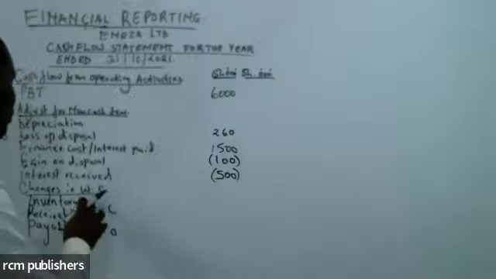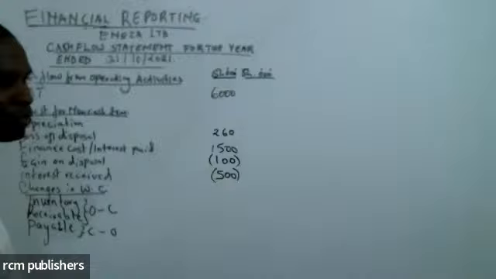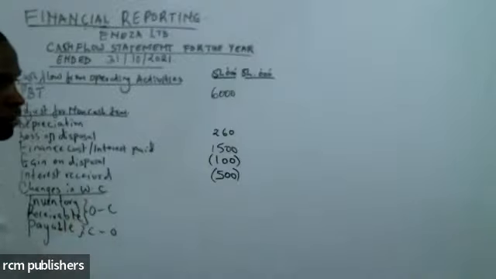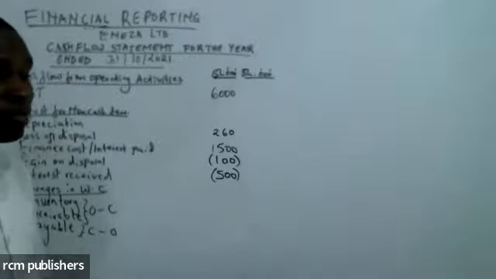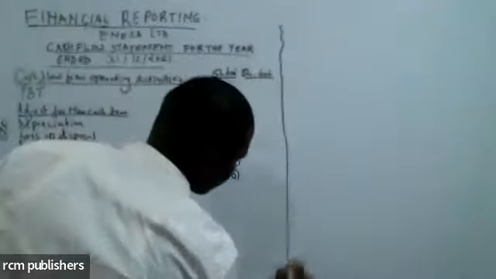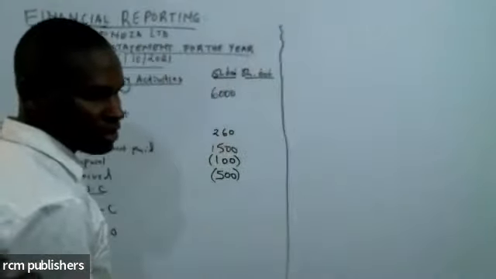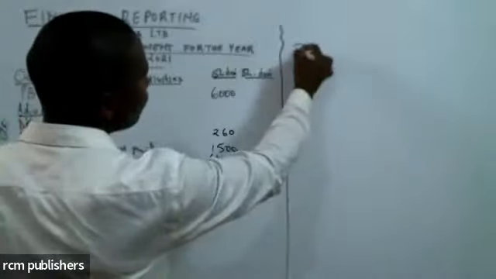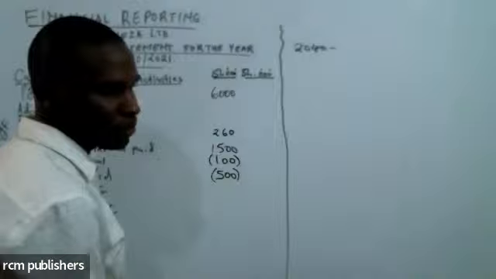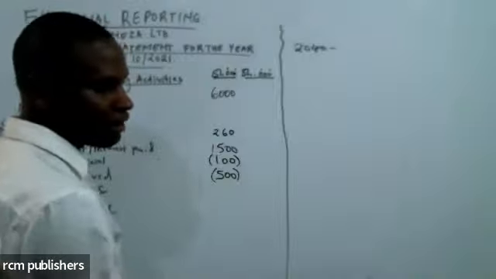Now, can you go to where we have inventory? Are you there? Can you tell me what was the opening value of our inventory? It is 2040, opening, minus the closing value at the end, 2021.